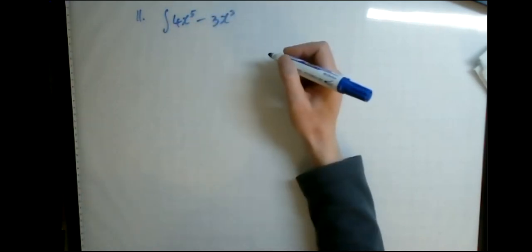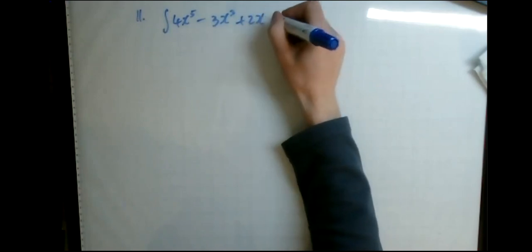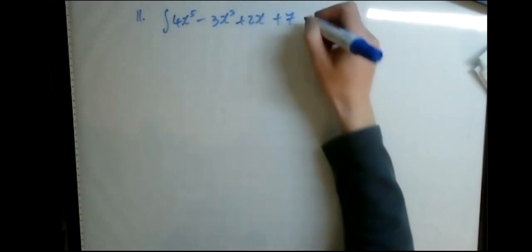So the next one, integral of x squared minus 3x cubed plus 2x plus 5 dx.